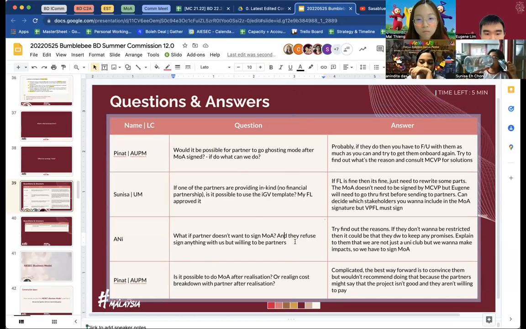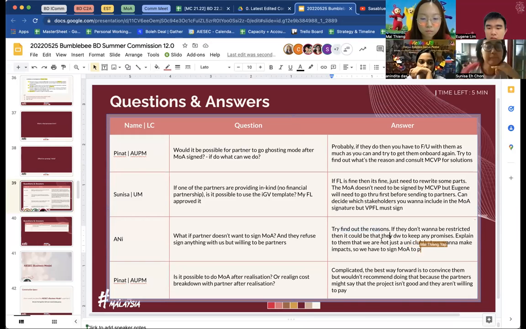Then for the third question, if the partner doesn't want to sign an MOA but is willing to be a partner, I agree on finding out the reasons and then explaining to them that this is part of the procedure, and that we have the MOA to protect both sides. It's not only Isaac's side but also the partner's side.